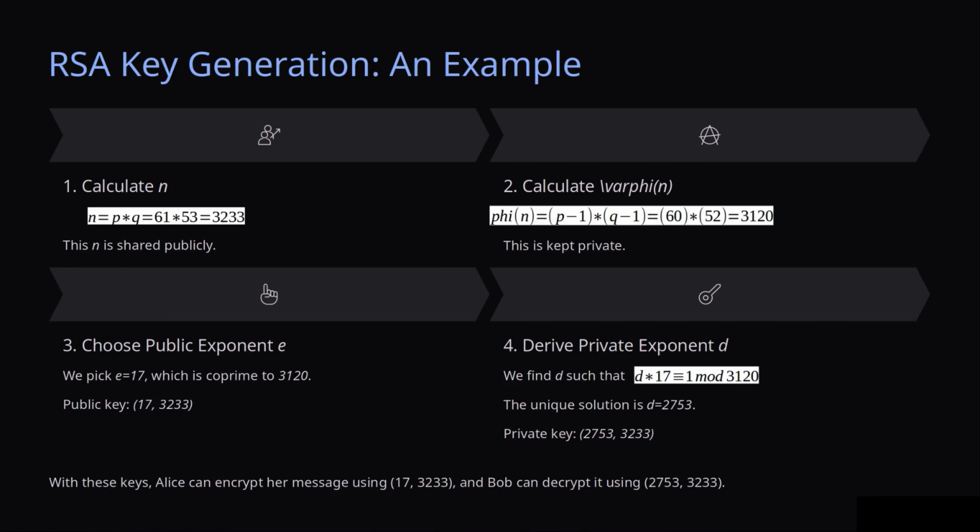In our case, x would be 15, so 1 plus 3120 times 15 would be 46,801. That divided by 17 would be 2,753. This is how we get our private key, 2,753 and 3,233.